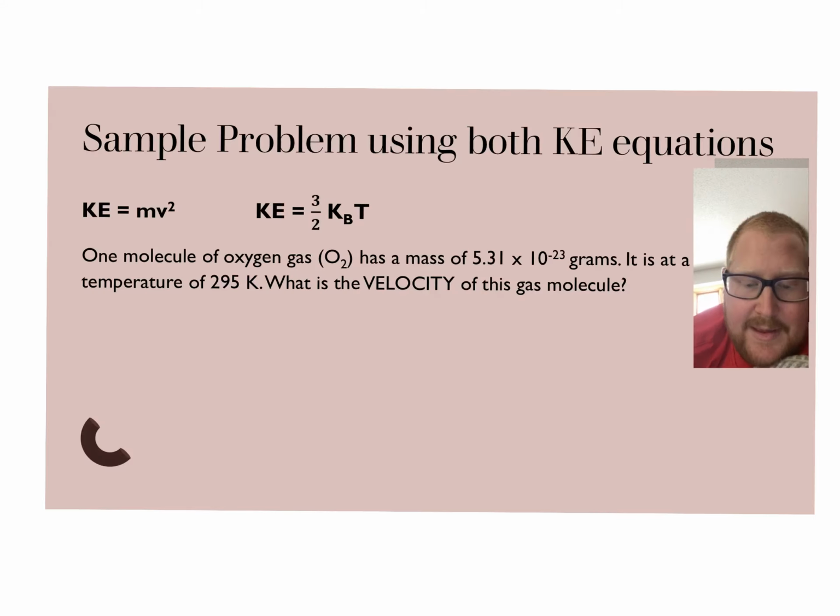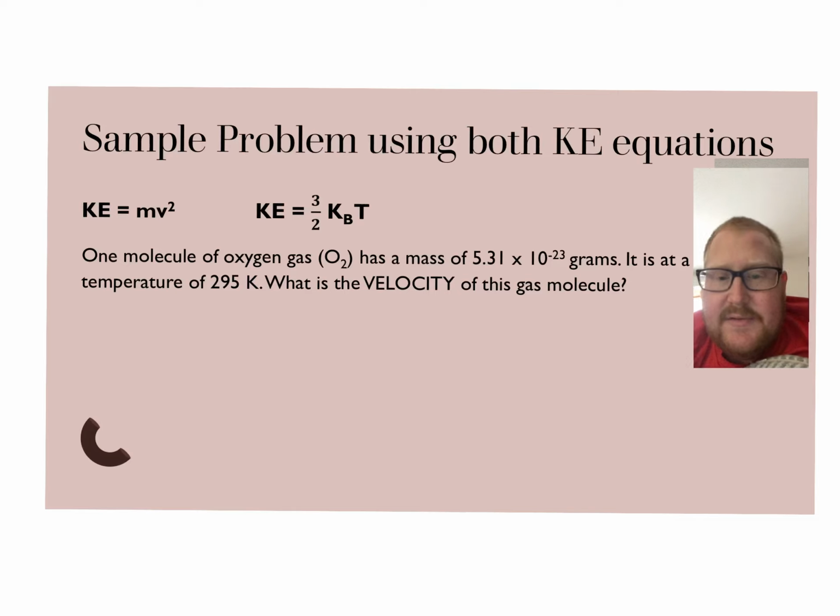Hopefully you remember from last year, because those units are on the top and the bottom, they will mathematically cancel, and so our product is going to be left in joules when we do that math. So take a second, plug that into the calculator, and see what you get.